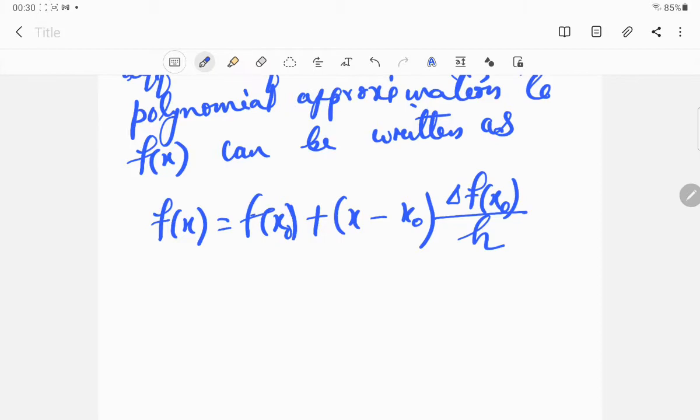So we are considering only up to two terms, first and second term. Let it be equation number 1.